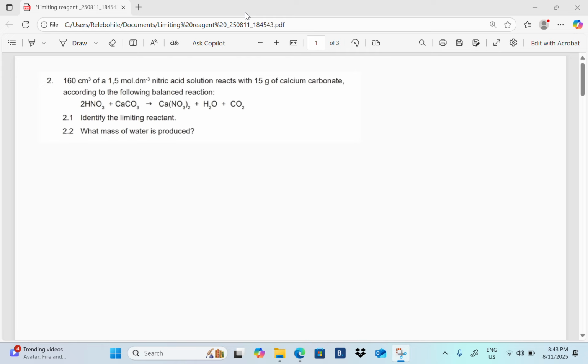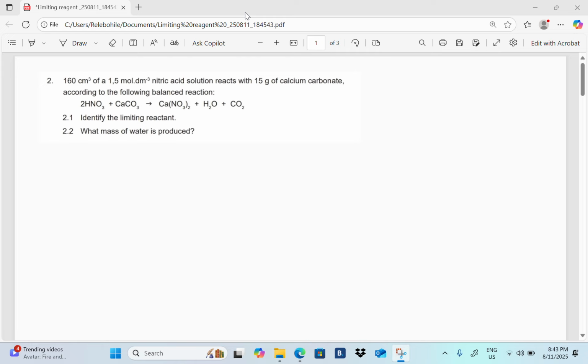From that we can also look into another definition, the excess reactant, which is the reactant that is not completely used up in a chemical reaction. Those are the things we need to know in terms of the definitions of limiting and excess reactants.